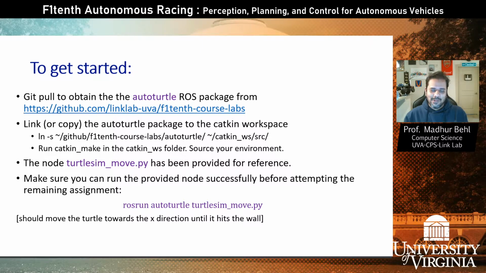I keep saying launch, but I actually mean run this node called turtlesim_move.py. So you should just do rosrun, the name of the package is autoturtle, and turtlesim_move.py. And then what you should see is that the turtle will automatically move along its original heading, and it'll continue moving until it crashes into the edge of the ocean.